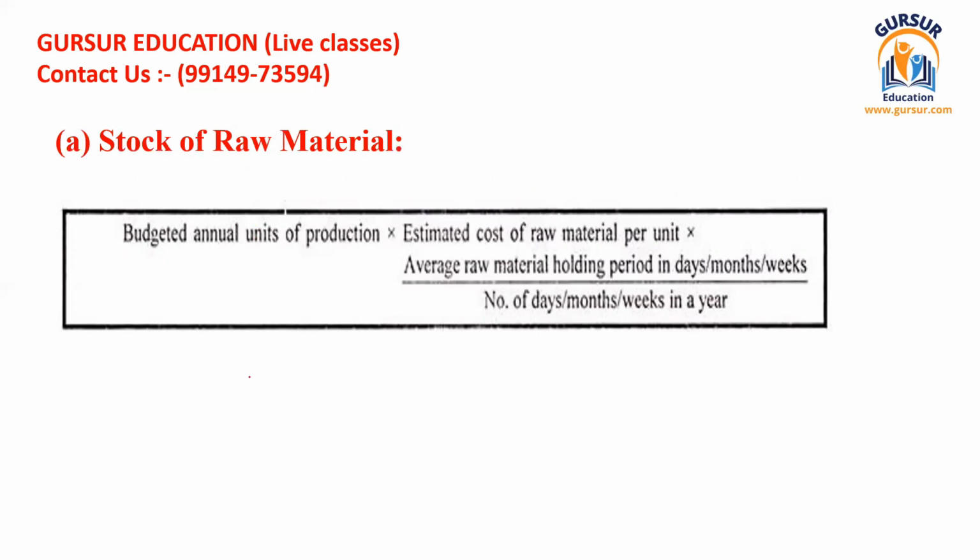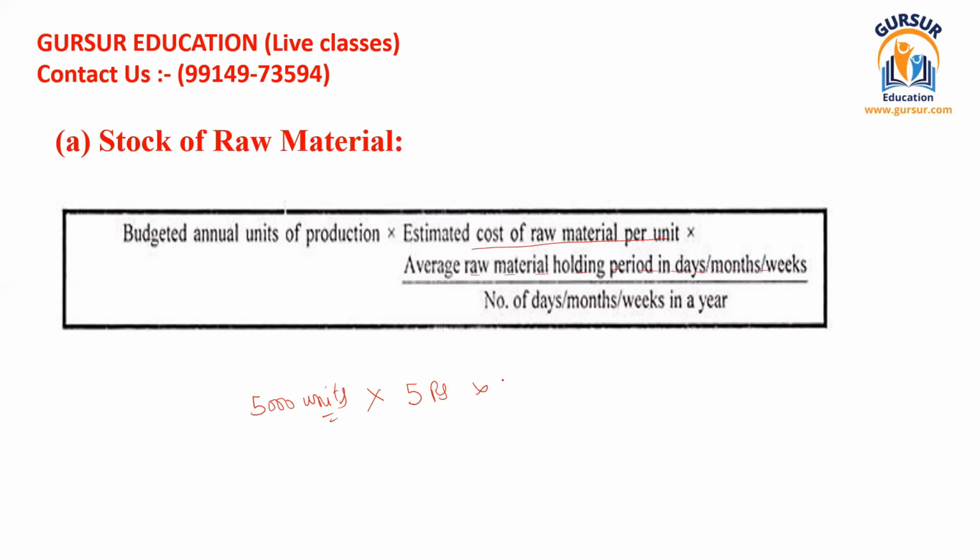So it takes into account budgeted annual units of production. Suppose you have this is the 5,000 units you are planning. Then this is estimated cost of raw material per unit. Suppose this is 5 rupees. Then average raw material holding period in days, months, or weeks.